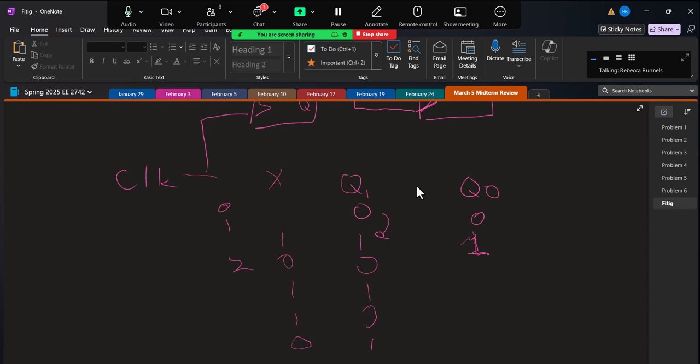Okay, on this next step, on step 3, did the clock go from 0 to 1? No, so it's not going to do anything. It's just going to stay where it is. On the next step, did the clock go from 0 to 1?